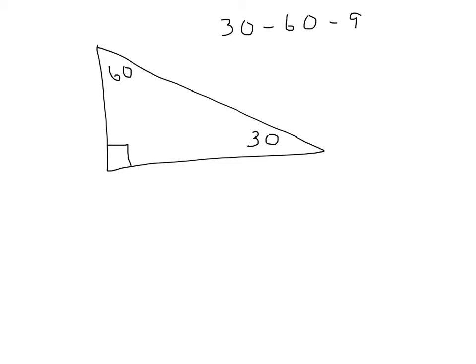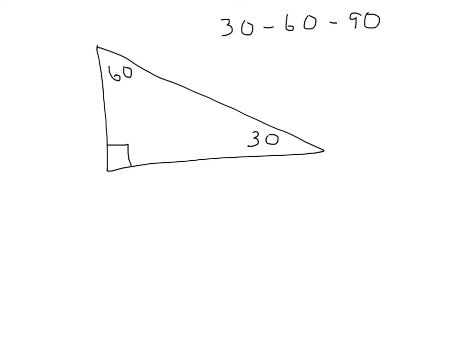And when I look at this right triangle here, that has a 30-degree angle and a 60-degree angle as my two acute angles. Okay, so this is the 30, 60, 90 right triangle that we learned back in geometry.